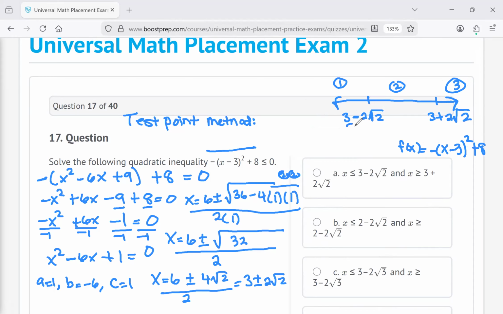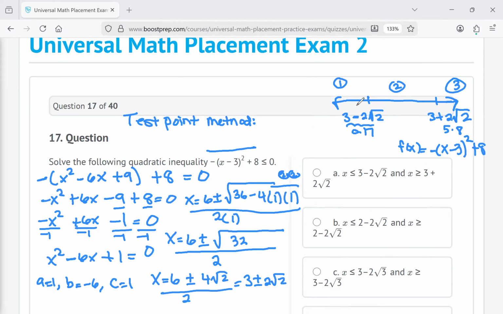So what is this? This is actually evaluated, it's about 0.17, and then if you put 3 plus 2 radical 2 in the calculator, it's about 5.8.